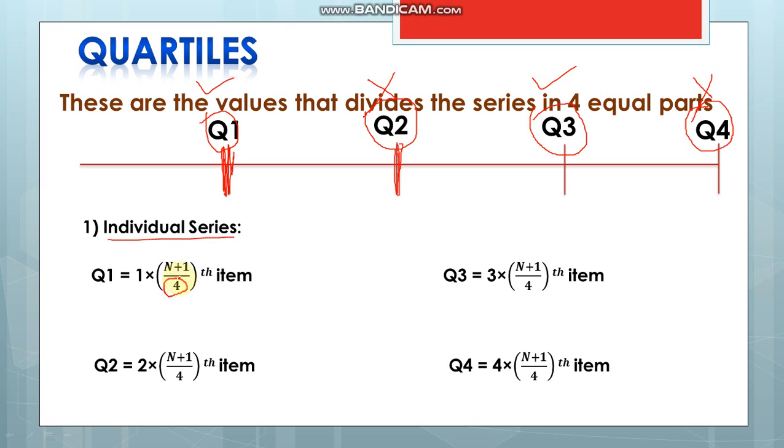Because we are dividing into 4 equal parts. So the first quartile is 1 into (n plus 1) by 4th item. The second quartile is 2 into (n plus 1) by 4th item. Now see, if we strike off 2 and 4, then it remains (n plus 1) by 2, so that becomes your median. That is why we don't ask you to calculate quartile 2. If I need this number, we ask you to calculate the median.